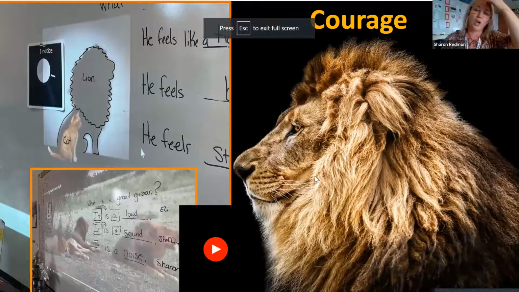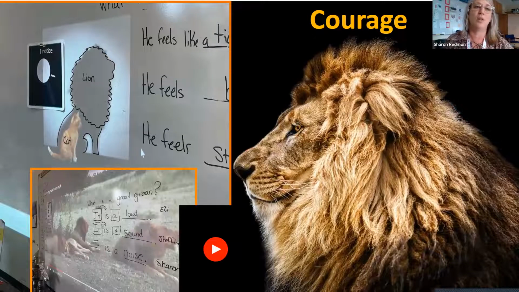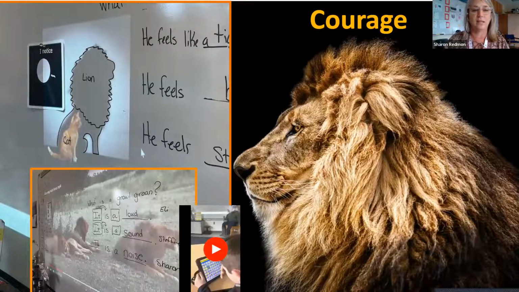So here's another example. Sometimes we didn't necessarily use the EET tool, but we were talking about courage, and it was really hard to describe courage using the EET tool. So instead, we thought maybe we could describe some things that make people feel like they have courage, right?